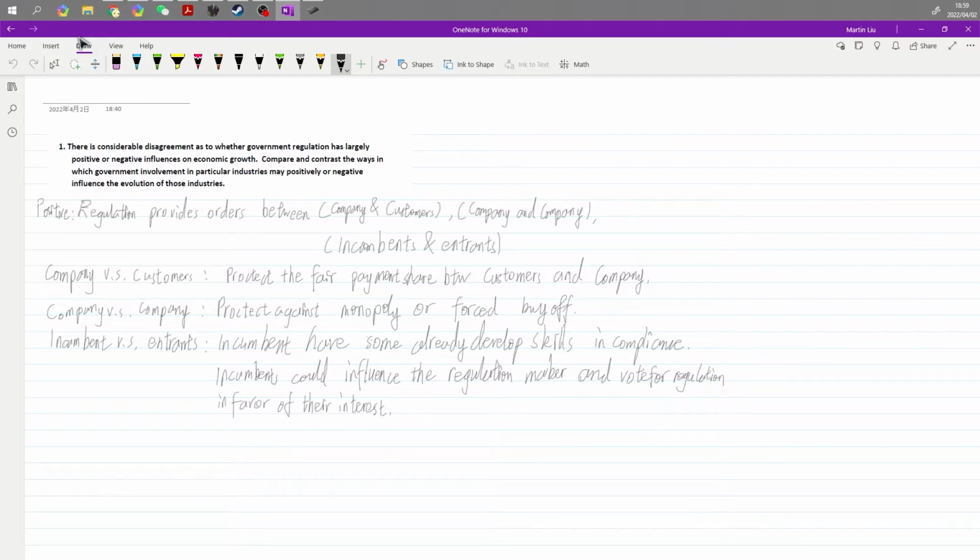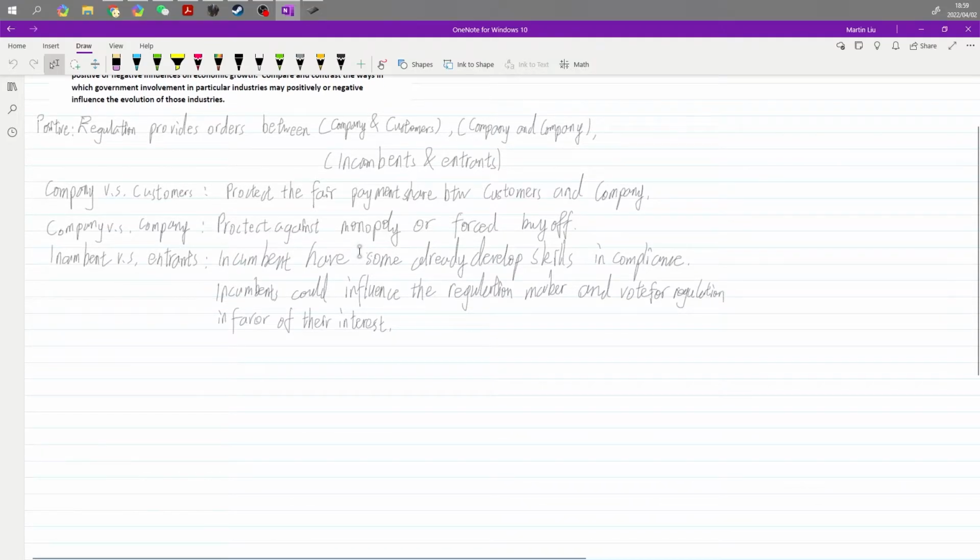Then what about the negative side of it? So there is one example to give. Shift it down a little bit.